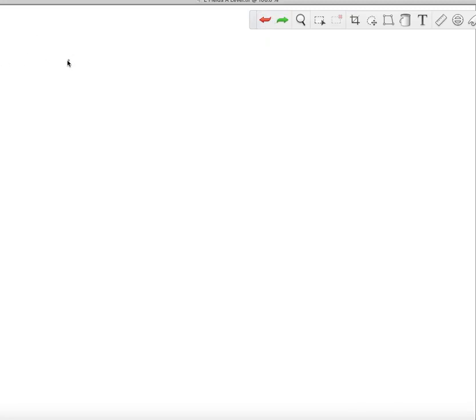If you're a mathematician, then you'll be probably fairly happy that the work done is the integral between 0 and r of F with respect to r. So that is the area under the force distance curve, of course.